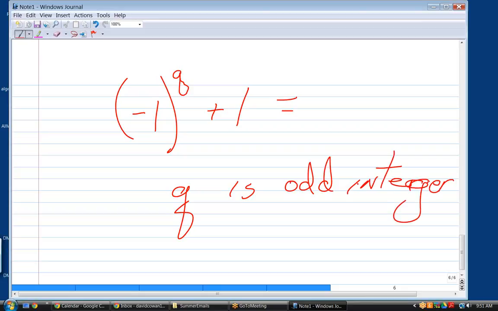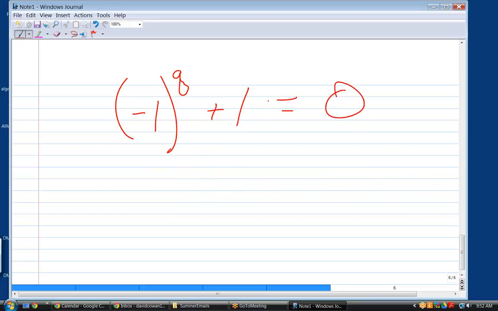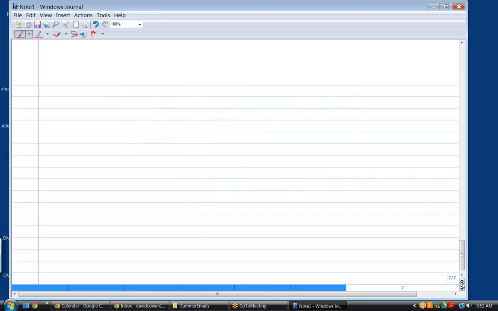Keep going. 9. Okay. With all of those odd integers, what does this thing equal right there? -1. Okay, and then add +1 to -1, what do you get? Oh, 0. Okay, all right. I thought you knew it. You just forgot to add that to it.